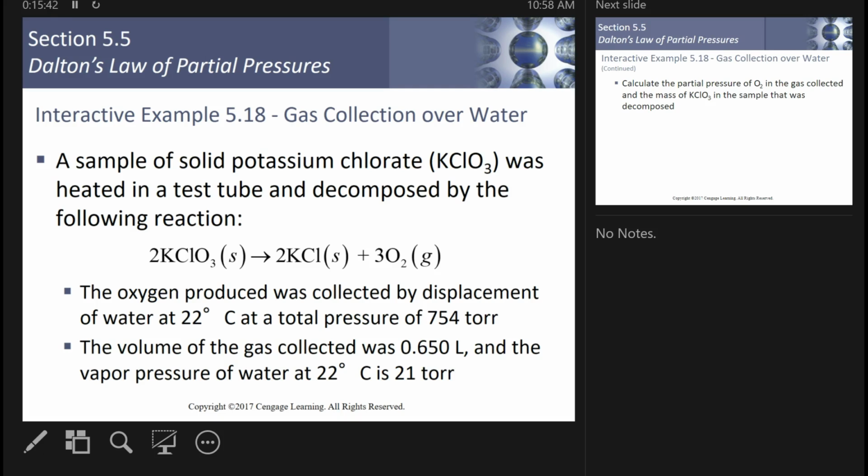Then you do the mole ratio with oxygen. And then you find the molar mass of KClO3. What's the molar ratio? 2 to 3, right? I got 122.55 for the moles of KClO3.